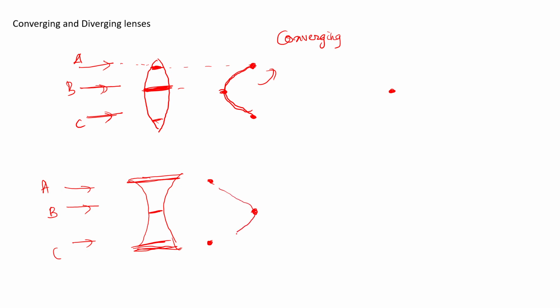So now you see that this is like D, or diverging. So one is a converging lens, another is a diverging lens, just by looking at how long it takes the light to go through a given portion of the lens. Initially you have parallel rays, but depending upon the shape of the lens, you can either converge or diverge them. So those are the converging and diverging lenses.